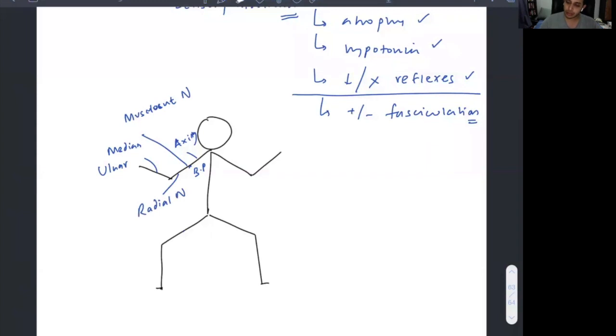So these are the nerves of your upper limb: axillary, musculocutaneous, median, ulnar, and radial, and they're all coming from your brachial plexus.